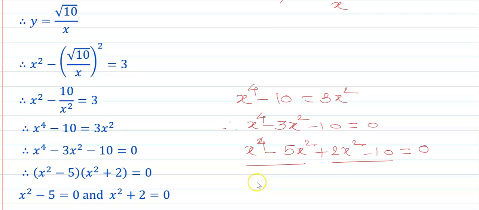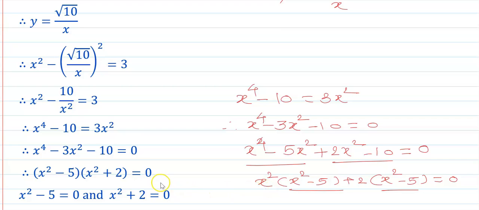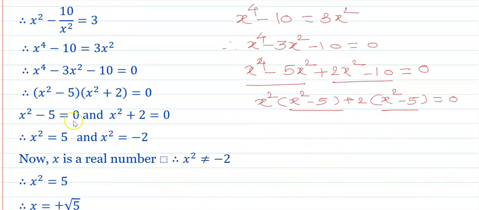Therefore, you will get here, if you take x square as common, in the bracket x square minus 5, plus take 2 as common, then in the bracket you will get x square minus 5, and that's equal to 0. x square minus 5 in the first bracket and the other is x square plus 2. Therefore, x square minus 5 is equal to 0 and x square plus 2 is equal to 0. x square is equal to 5, x square is equal to minus 2. As x is again a real number, the square of a real number is always positive. Therefore, x square is not equal to minus 2.